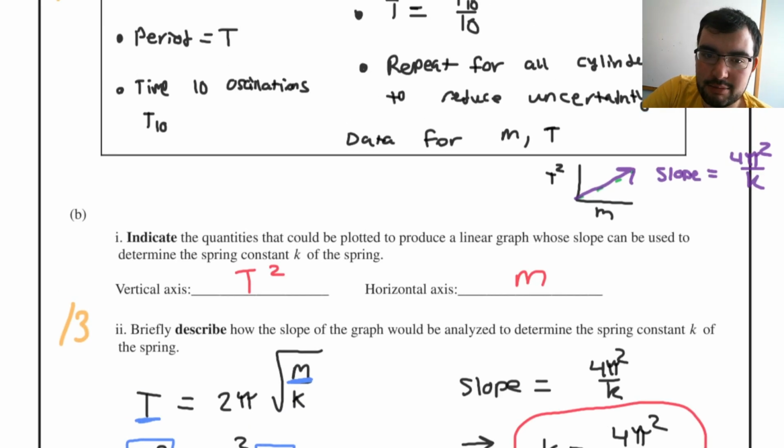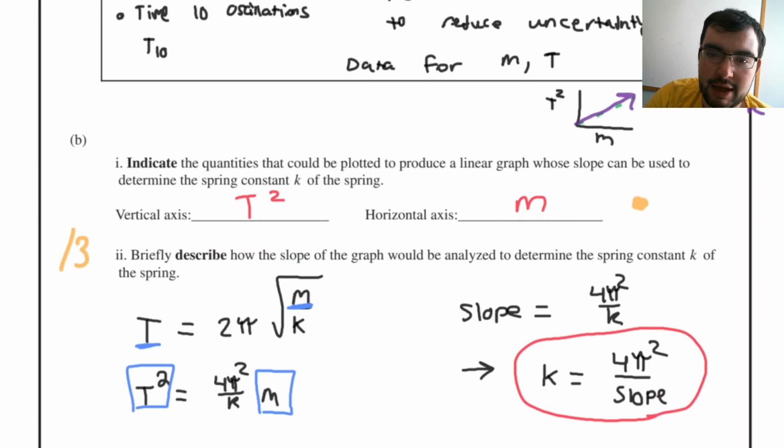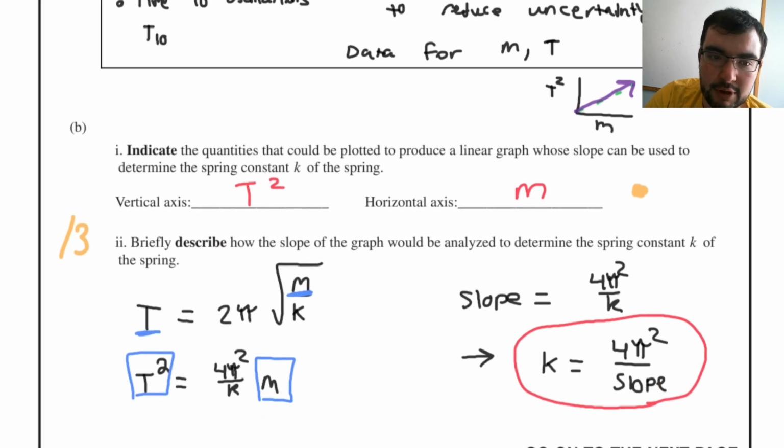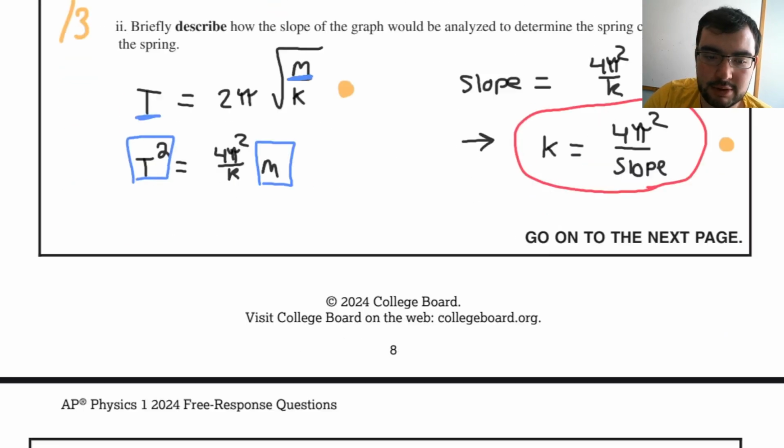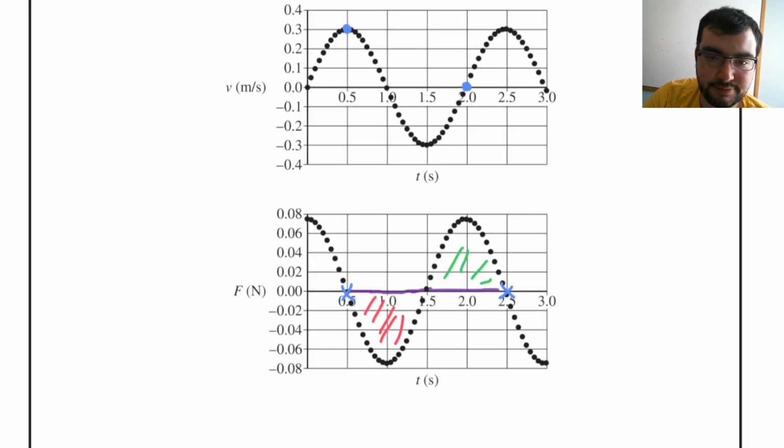Indicate the quantities that could be graphed. So you get a point for identifying a valid linearization. And then I bet you get 1 point for explaining that you know that the relationship between T and m is this formula. And then you get another point by coming up with some sort of a k expression in terms of the slope. So that gets us to 6.